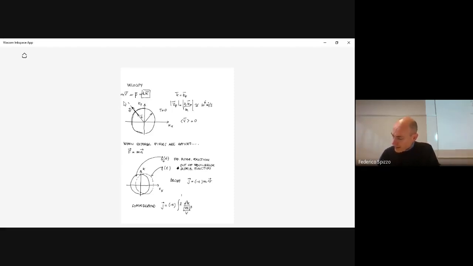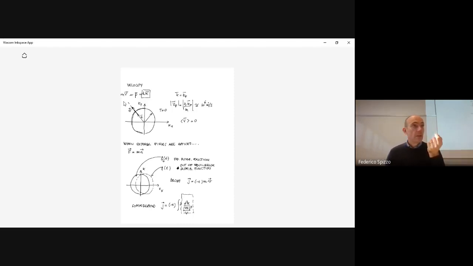So what is the meaning of what I have included in this box? d3k is the volume element. (2 pi) to the power of 3 divided by the volume is the volume of one level.